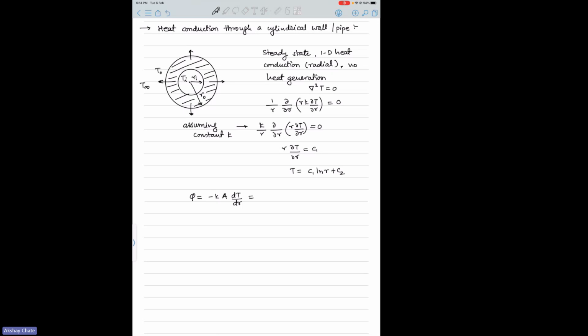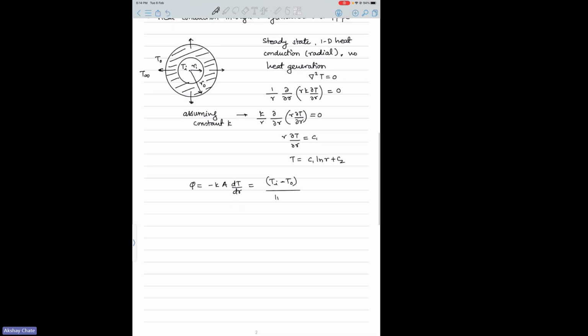That was also discussed in the class, and it comes out as Ti minus To, this is your temperature difference across the wall, divided by ln Ro by Ri over 2 pi k L. L is the length of the pipe.